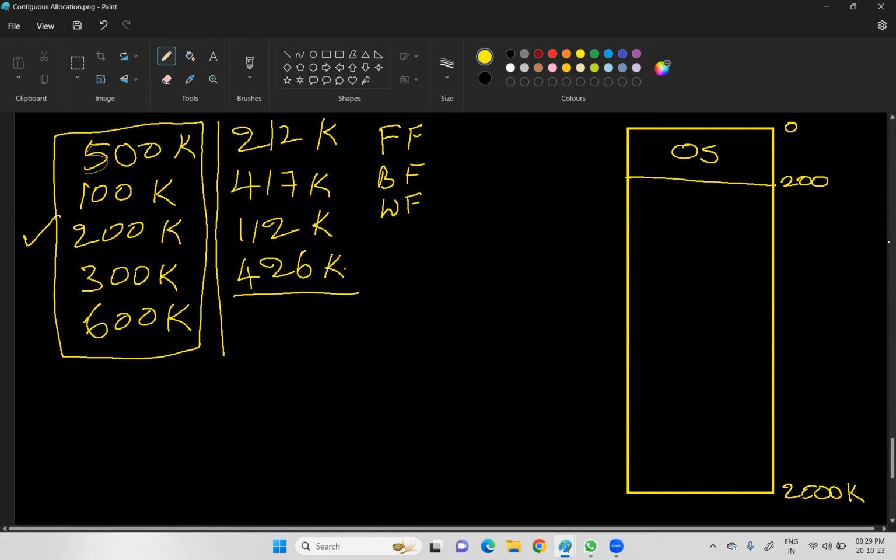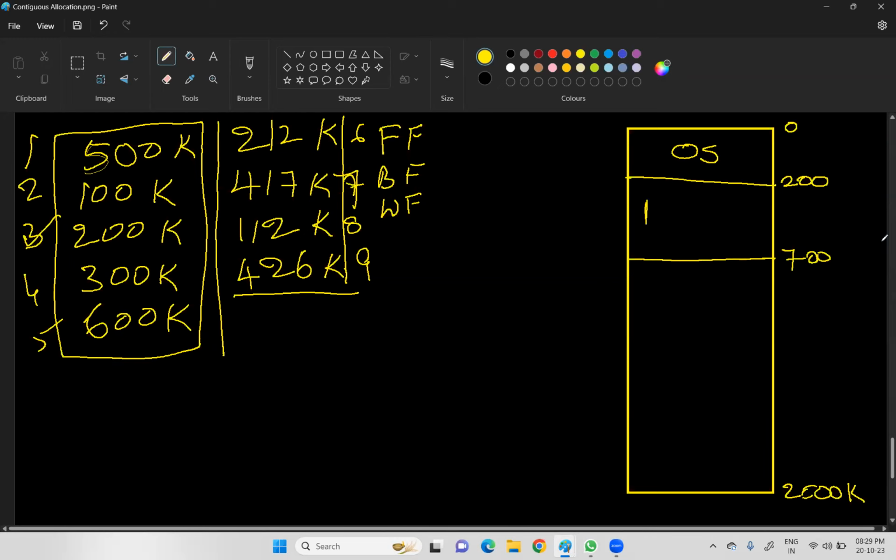Okay, I'd like to take the particular thing here. Up to 200 is the operating system, then the first process. This is the first process, second process, third, fourth, fifth, and this is the sixth, seventh, eighth, and ninth processes. Then how can this be occupied? So process one will take 500 kilobytes. 500 plus 200 will be 700 kilobytes.